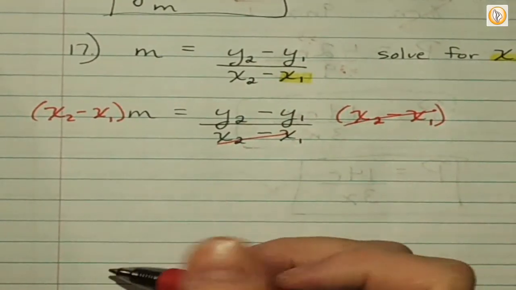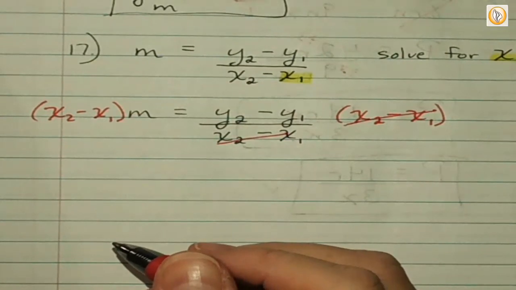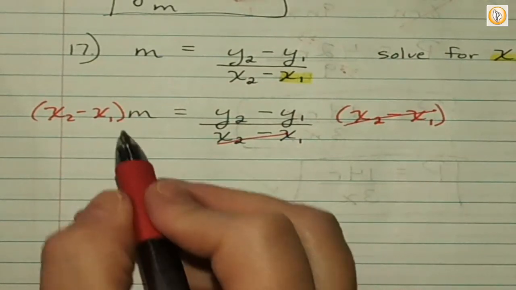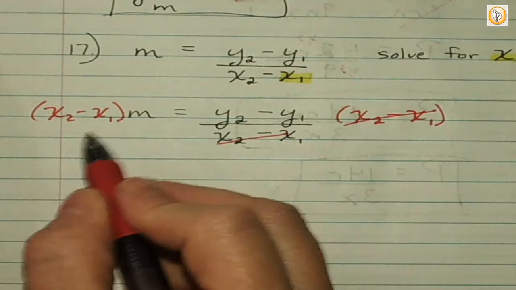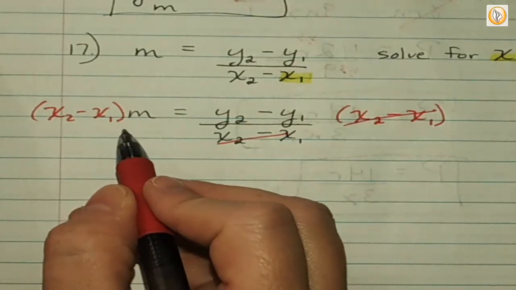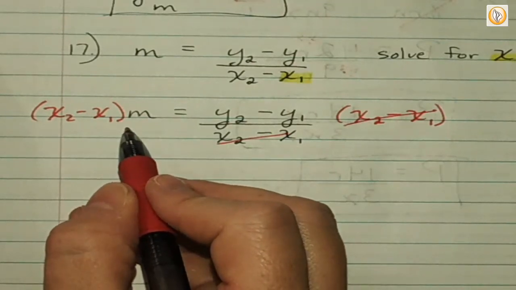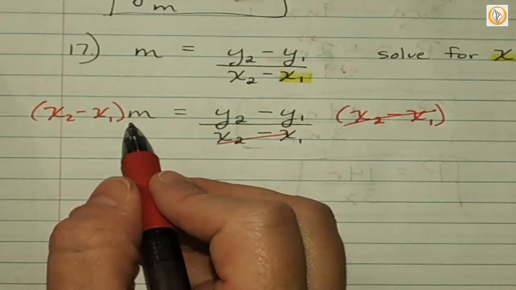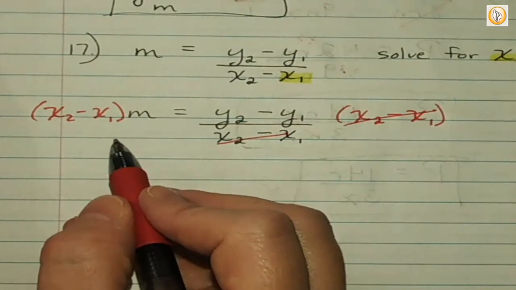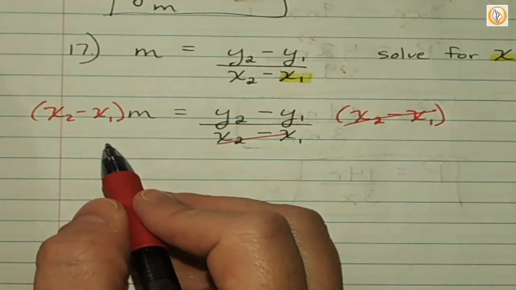Oh, but Taylor, what do I do here? Is it distributive property? You can, but couldn't you also divide both sides by m?